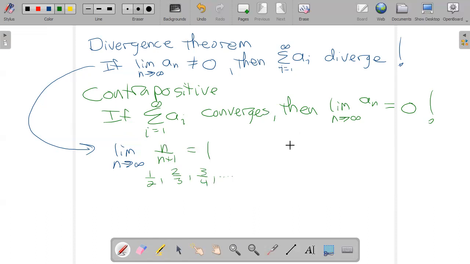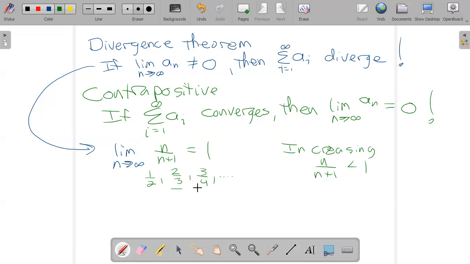This sequence right here is increasing. And the values of it are always less than 1. So this is monotonic and it's bounded. If it's monotonic and it's bounded, we know it has a limit. We also know the limit's 1 from our previous work.